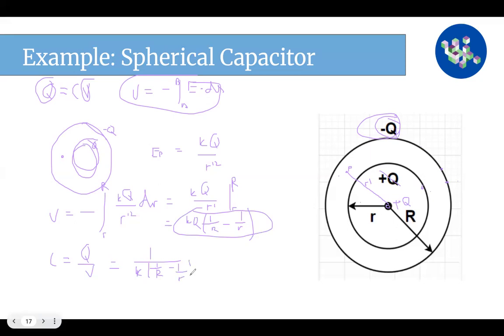And remember that K equals 1 over 4 pi epsilon 0. So this will be 4 pi epsilon 0 divided by 1 over the big R minus 1 over the small r. This should be our final answer.